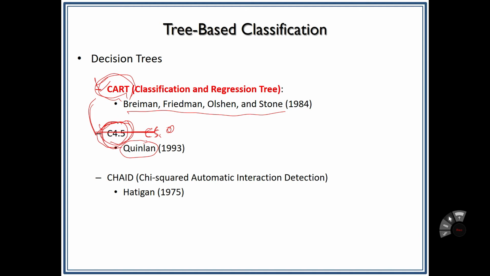The way of splitting has just a little difference between these two methods, but the intrinsic mechanism of building a decision tree is the same. So once you understand this method, then you can easily understand this method as well. But we will not talk about C4.5 in this semester, just CART.